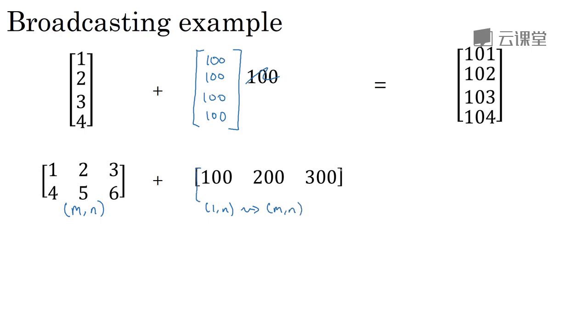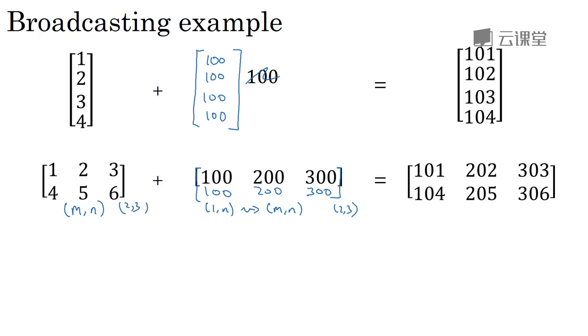So instead of this 1x3 matrix, it'll copy it twice in this example to turn it into this 2x3 matrix. And they'll add these, so you end up with this sum on the right. So you added 100 to the first column, 200 to the second column, 300 to the third column. This is basically what we did on the previous slide, except that we used a division operation instead of an addition operation.